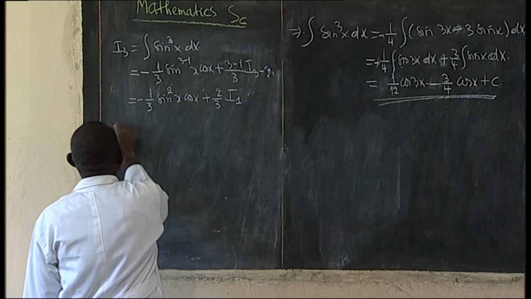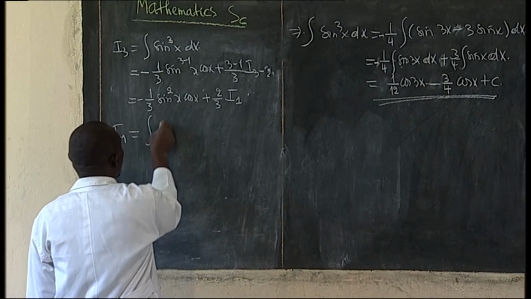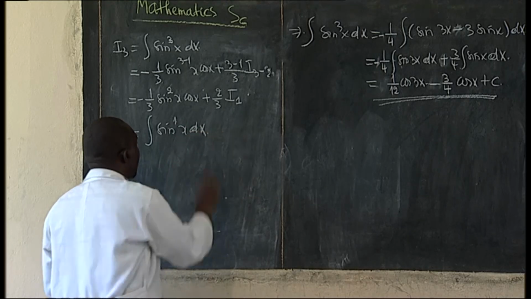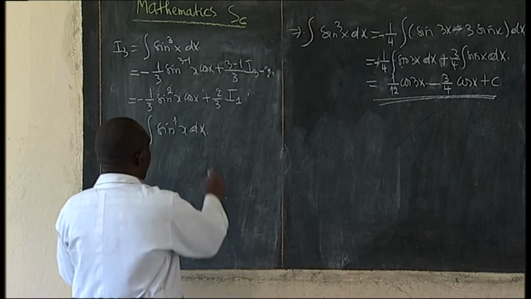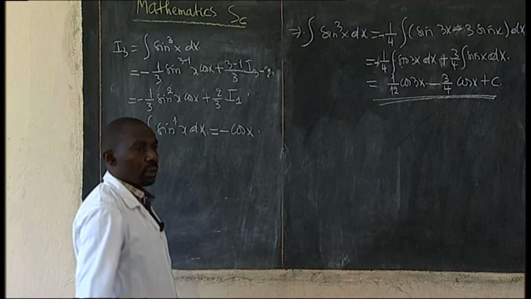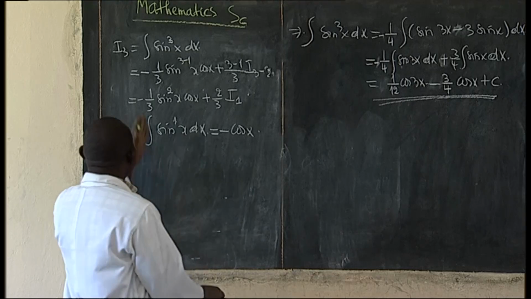I_1 is equal to the integral of sine^1 x dx, and this is very simple. This is equal to minus cosine x. Then I go back to my integral.